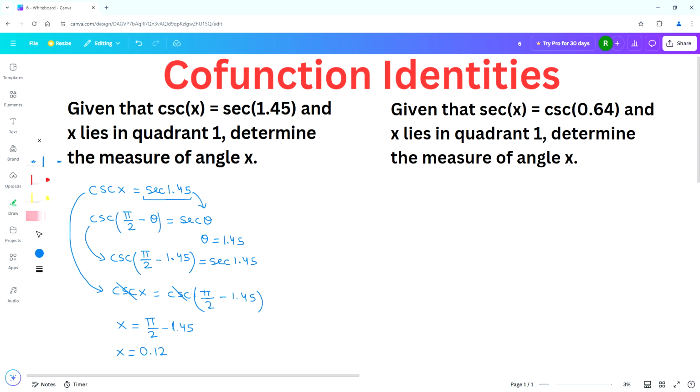Given that secant x equals cosecant 0.64 and x lies in quadrant 1, determine the measure of angle x. In this equation, we have to find the value of x and the x is with secant ratio.